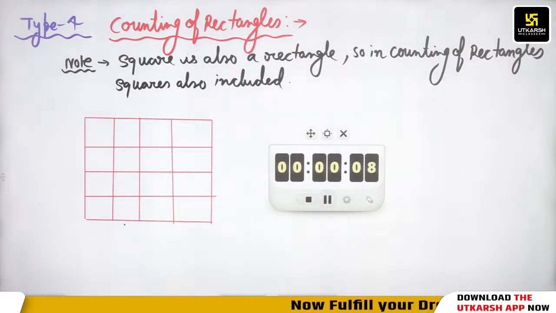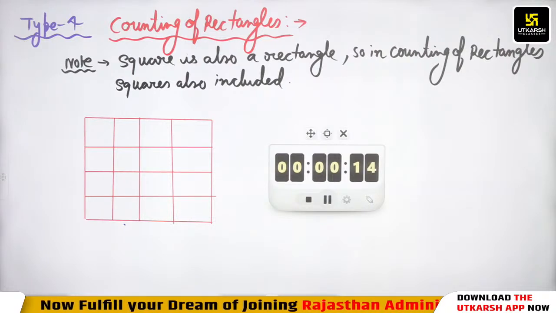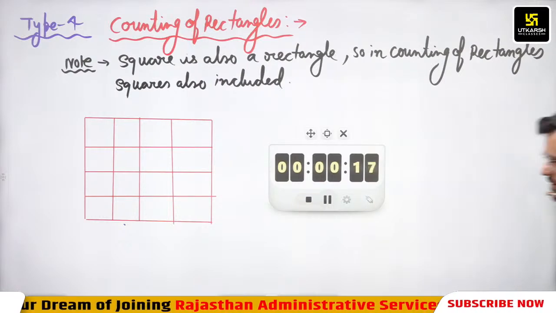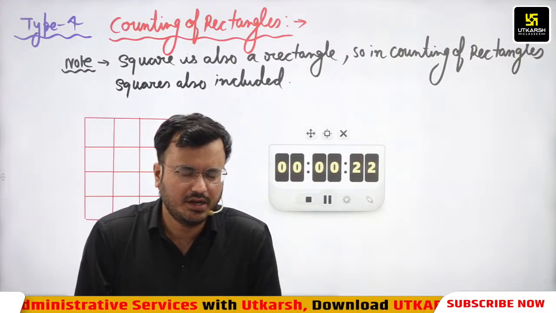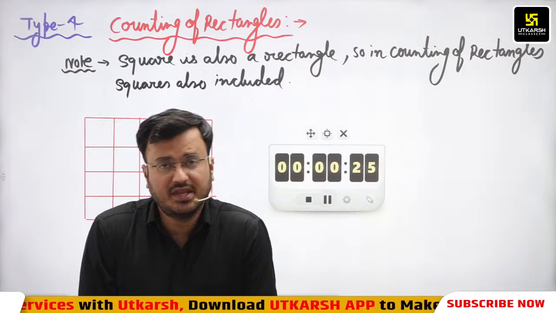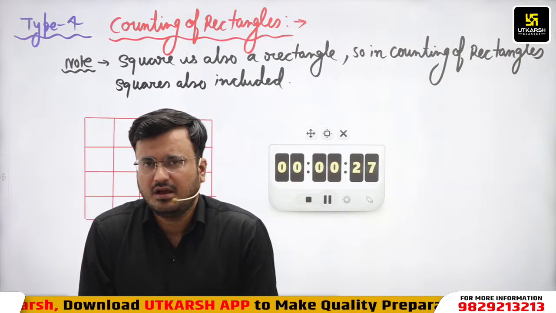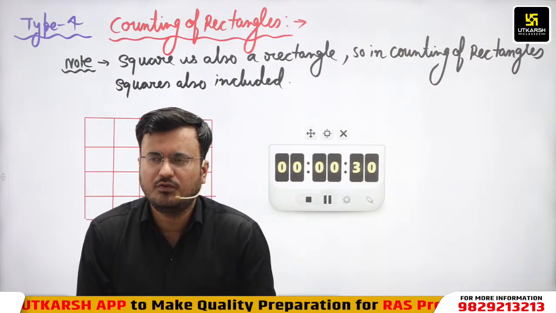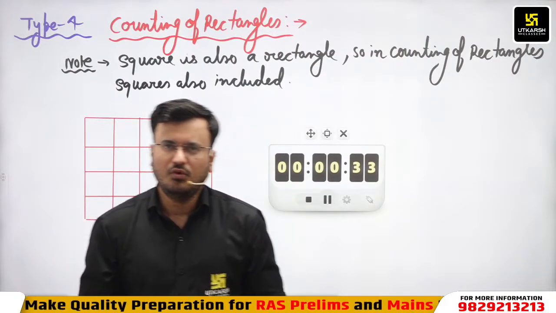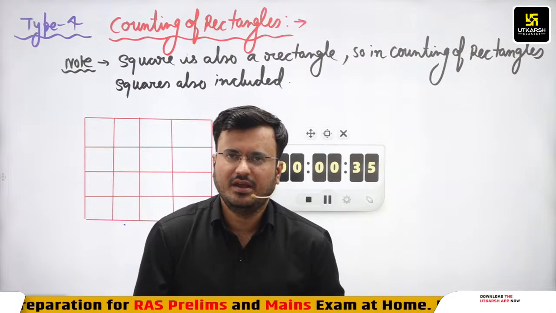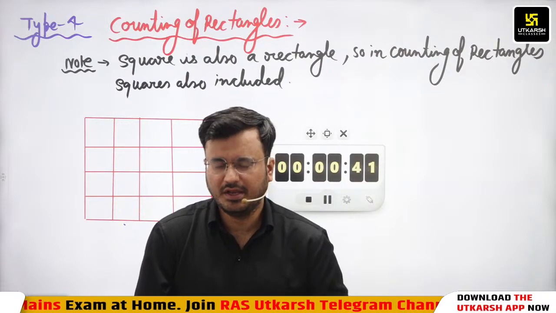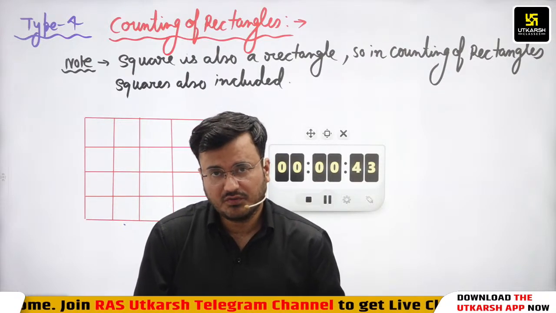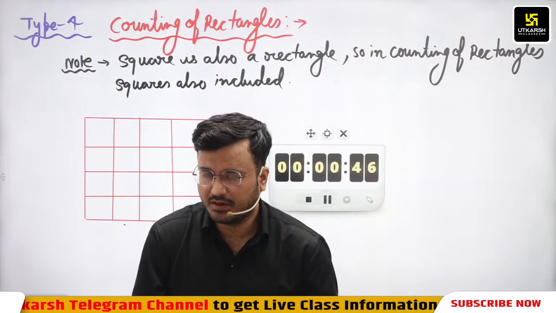As I told you, squares are also considered rectangles because squares satisfy the rectangle definition. What is the rectangle definition? Opposite sides are equal and each interior angle is equal to 90 degrees. In a square, all four sides are equal, so we can mold this in such a way that opposite pairs of straight lines are equal and each interior angle is equal to 90 degrees. So the definition of a square satisfies the definition of a rectangle.